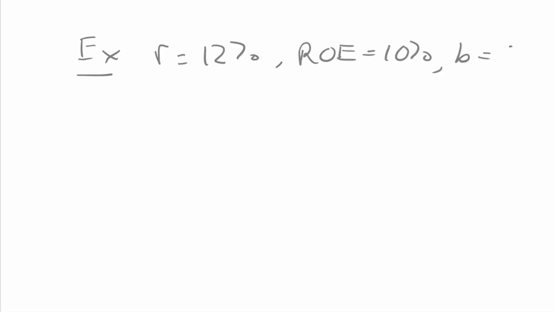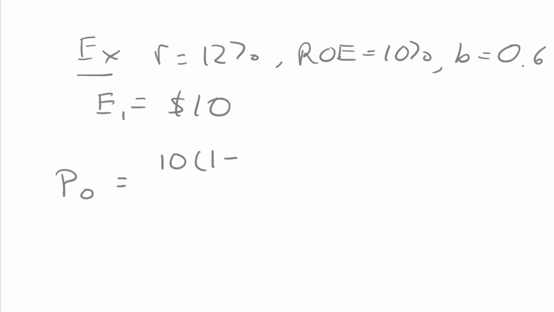Let's do an example. The discount rate is 12%. The return on equity is 10%. The plowback is 60%. And the earnings per share next year are expected to be $10. P0 is equal to $10 times (1 minus 0.6).